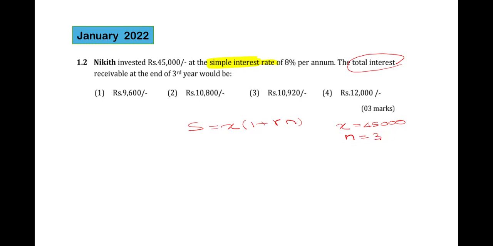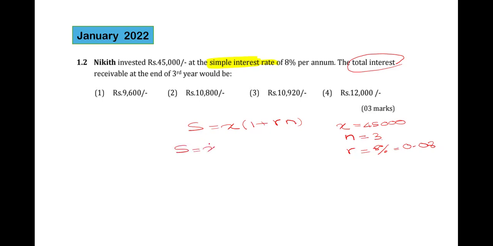Here we take the number of years, so R should be the annual rate. If we take the number of months, then R should be the monthly rate. Now, R should be 8%. That means we can get the decimal value of this. How to get the decimal? 8 divided by 100, 0.08.